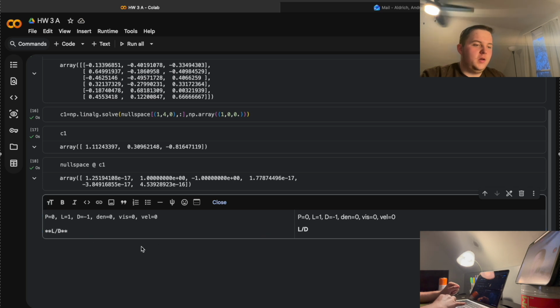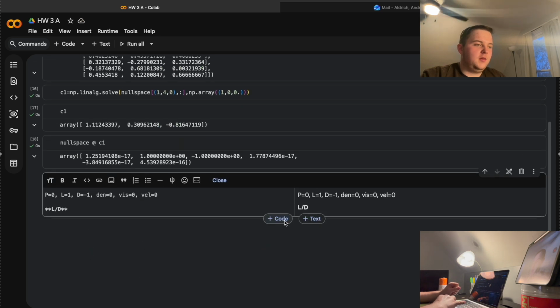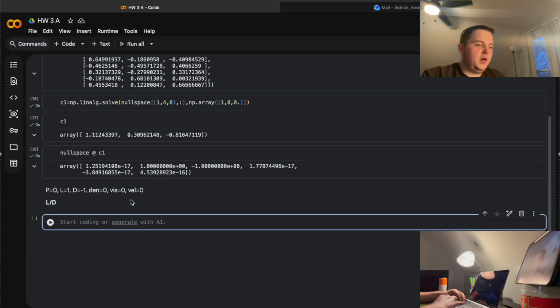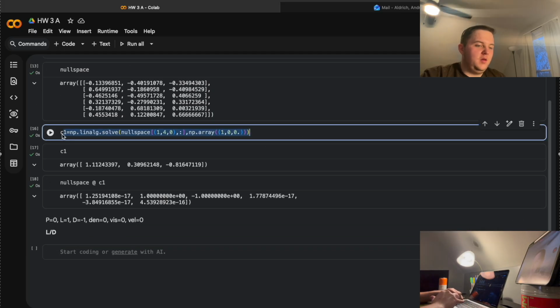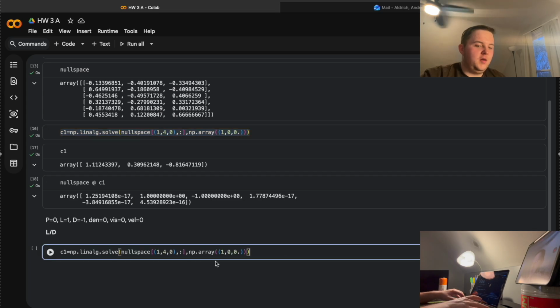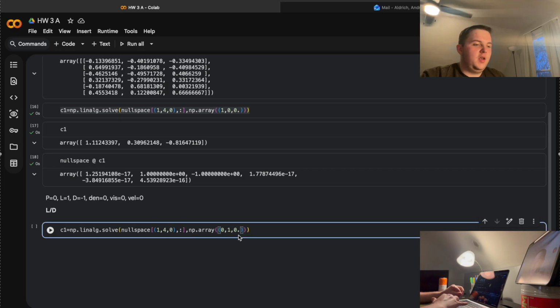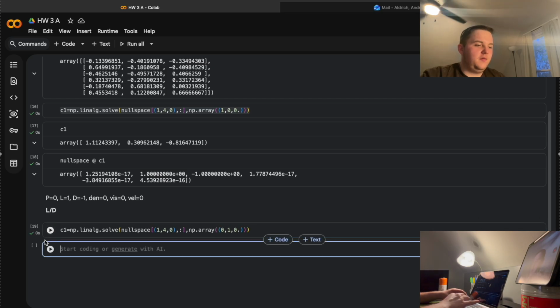So what we can do next is basically just copy everything from C1, like I was explaining earlier, but just change this value here of what we're trying to find. Now we're trying to find the second matrix value, so just change that, and we're going to define this as C2.